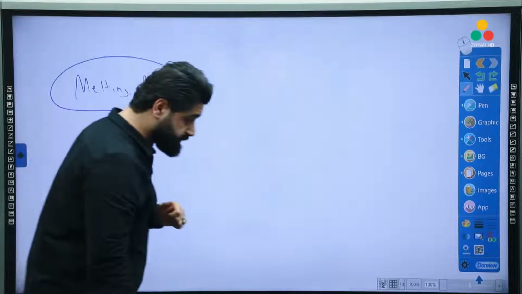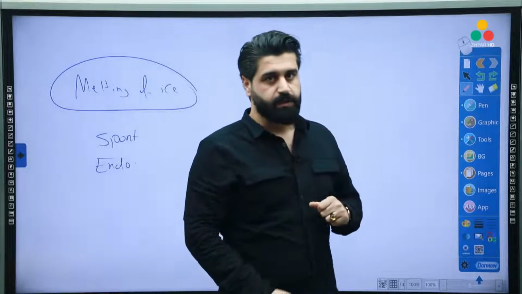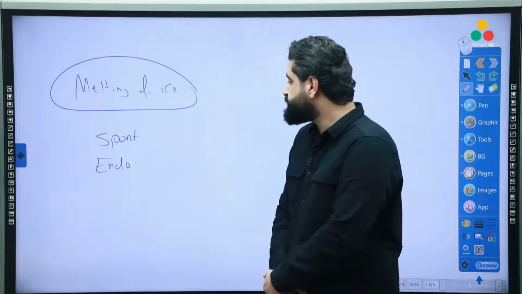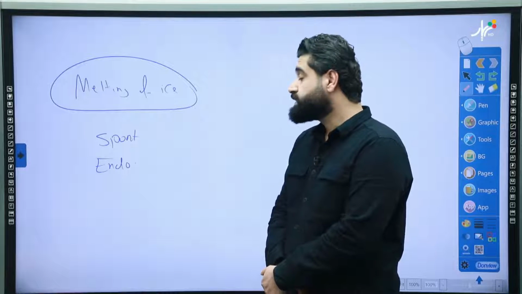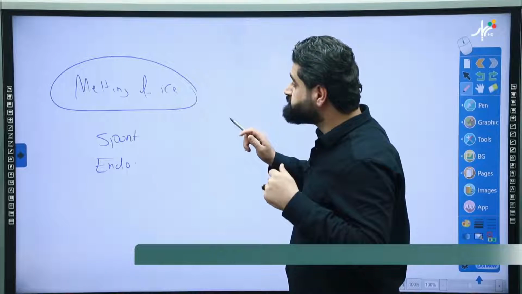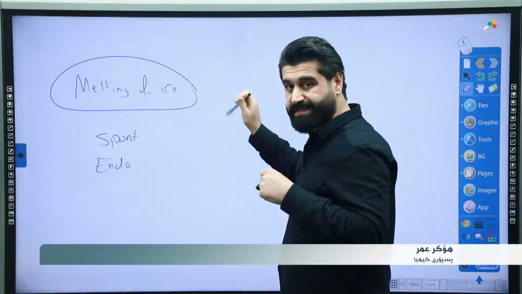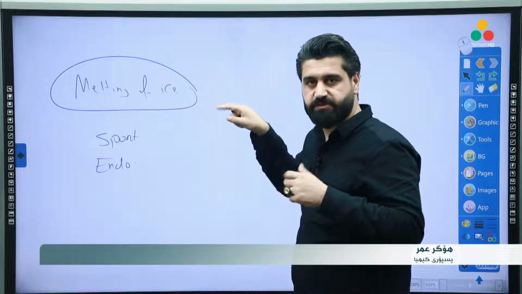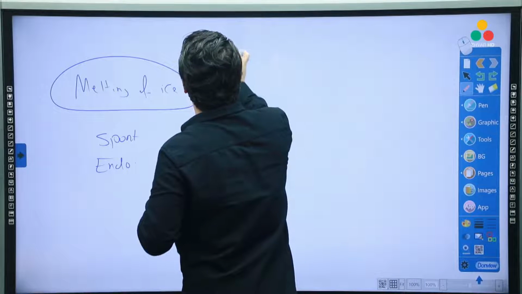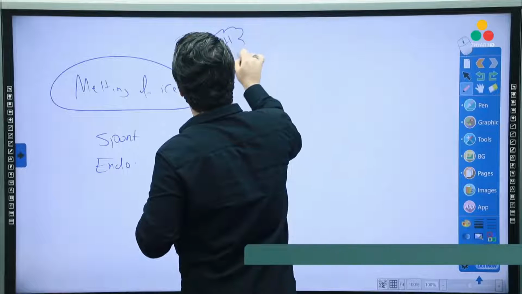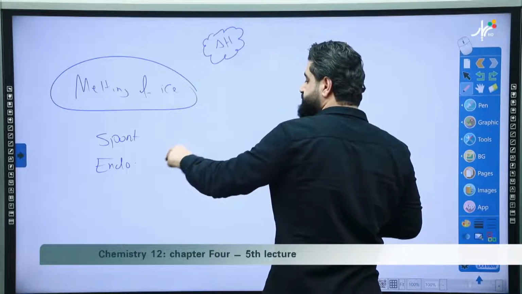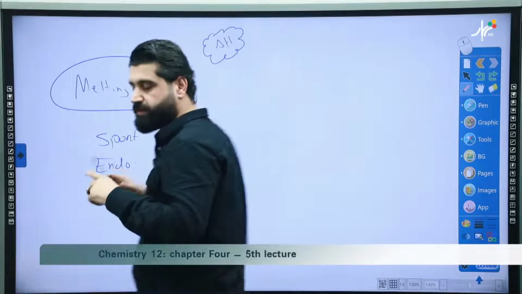But mister, just a minute ago you told us that endo is non-spontaneous. Why is it spontaneous here? So that means if we think about the melting of ice, there is another force that drives this process to occur. So delta H is not the only driving force, because this one is the reverse of our rule.